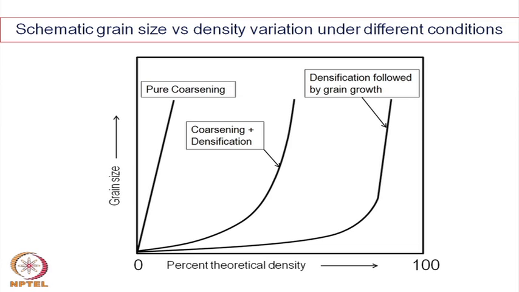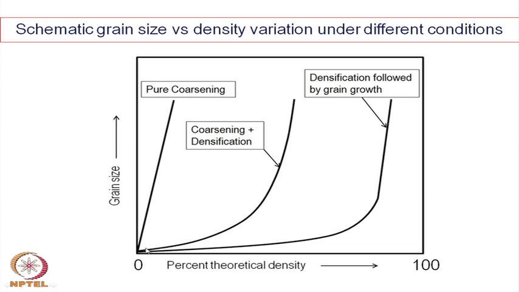Depending on the situation, there may be 3 different cases, which have been presented here. One is, as we discussed earlier, the pure coarsening of the initial particles. There the grain size increases very fast without much change in the theoretical density.